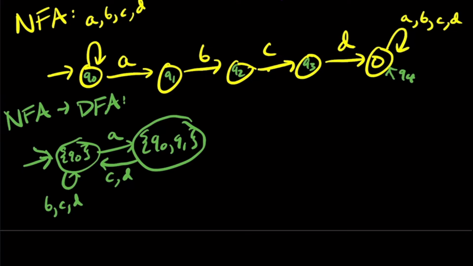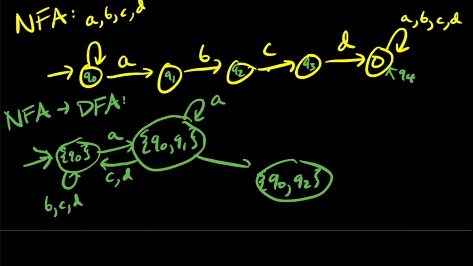If we see an A here, well, Q1 goes nowhere on A, and Q0 goes to 0 and 1, so I'm going to have a self loop right here on A. On B, we need to be able to go to Q0 and Q2 because 0 goes to 0 on B, and 1 goes to 2 on B. So I need to have a state called Q0, Q2, and you can probably see what the pattern is going to be here.